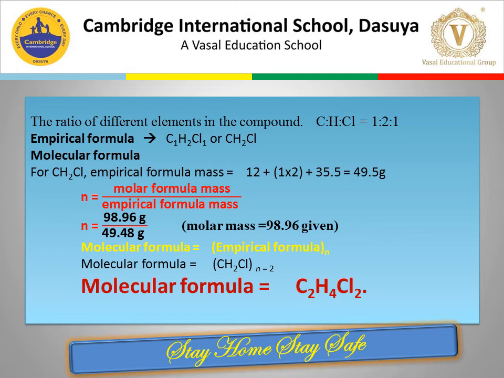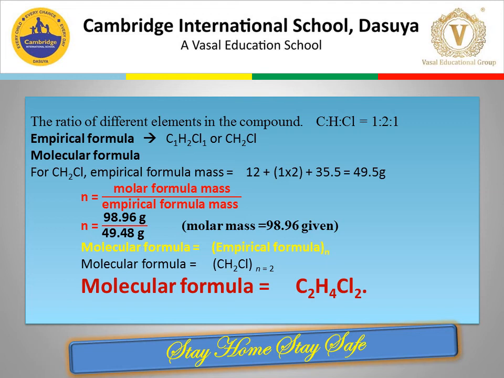So the empirical formula mass becomes 12 plus 1 into 2 plus 35.5, equals 49.5. Here 12 is the atomic mass of carbon, plus 1 is the atomic mass of hydrogen, into 2, that is the number of hydrogens in the empirical formula, plus 35.5, that is the atomic mass of chlorine, and the empirical formula mass becomes 49.5.